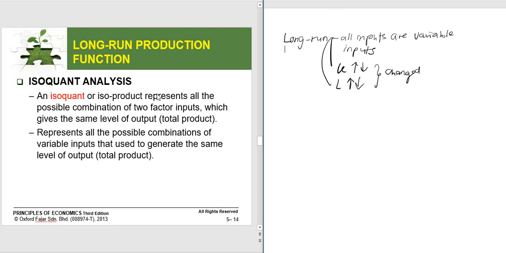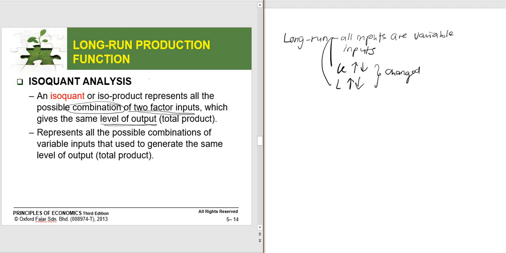Alright, so now let's look at the first thing that we are going to learn in the long run production function, which is the Isoquant curve or Isoquant analysis. So what is an Isoquant? It represents all the possible combinations of two factor inputs, capital and labor, that will generate the same level of output. This concept is the same as the indifference curve that you learned in the previous topic.